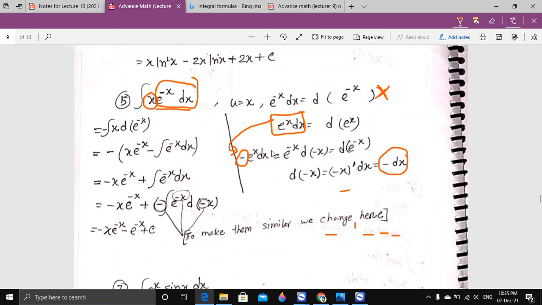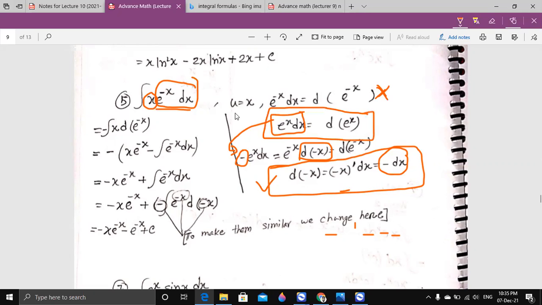Okay, so we get d of minus x, and this is also a new line. Guys, do not miss these things, because I just took the note of what Lausi wrote on the whiteboard. So this is a new line and also this is a new line. Here all these three lines are new lines.